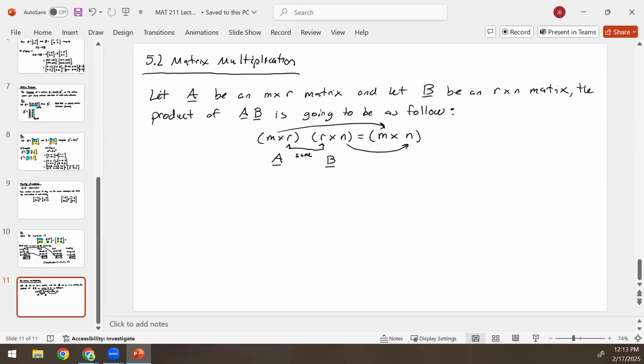You have to make sure the two inside numbers are equal to each other.